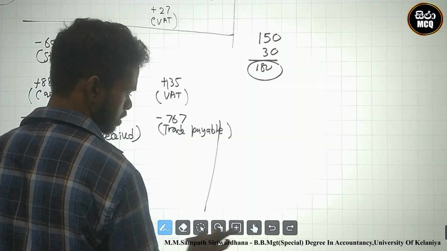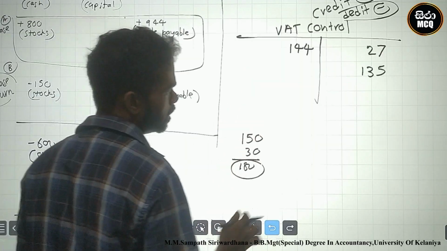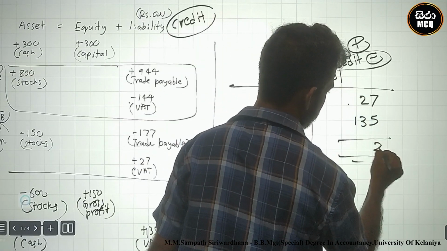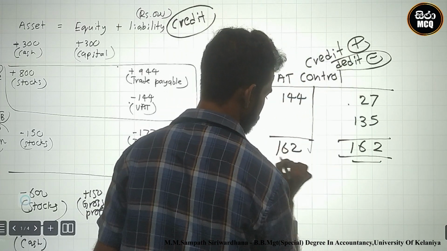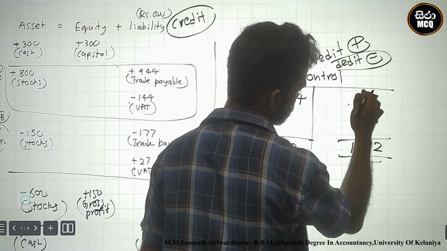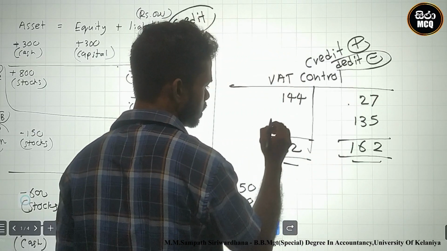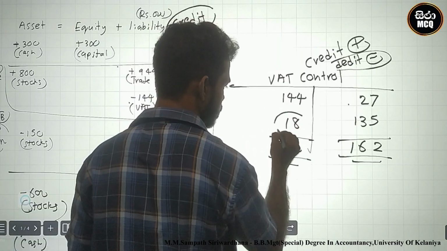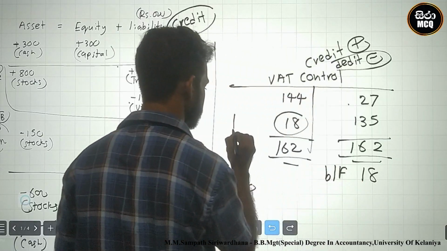The VAT control should be balanced. Okay, this is the balance, 18. Balance carried down.